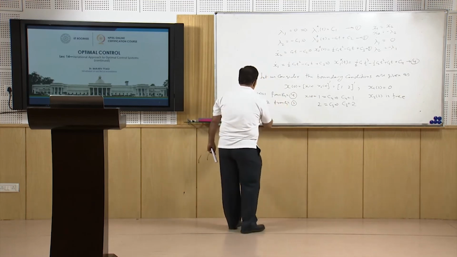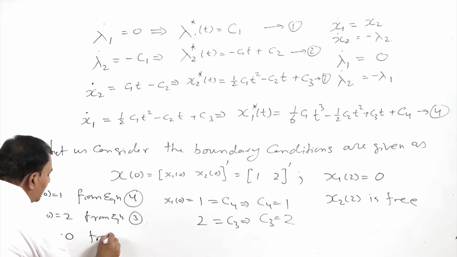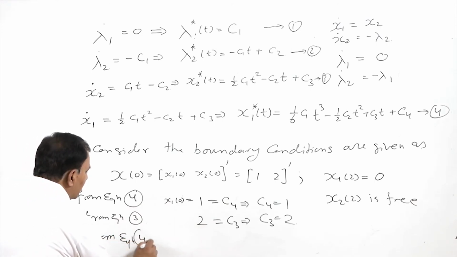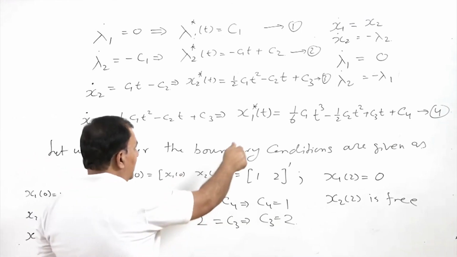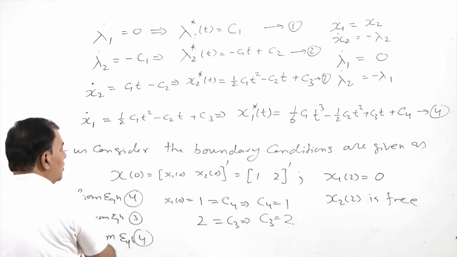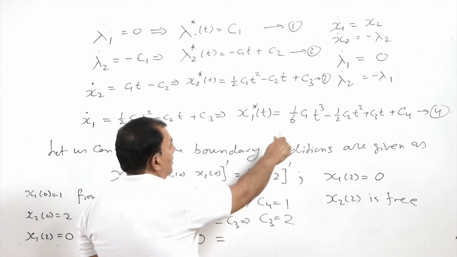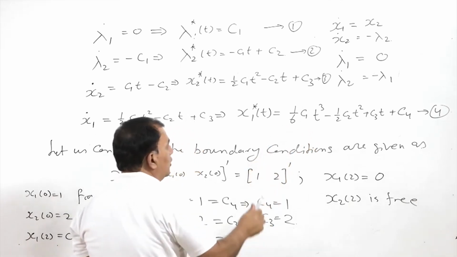So, again from equation 4, x1(2) is 0. So, again we consider the equation, what actually we will have, my t equal to 2. So, 0 equal to, I am taking the t as 2, C1 is unknown.